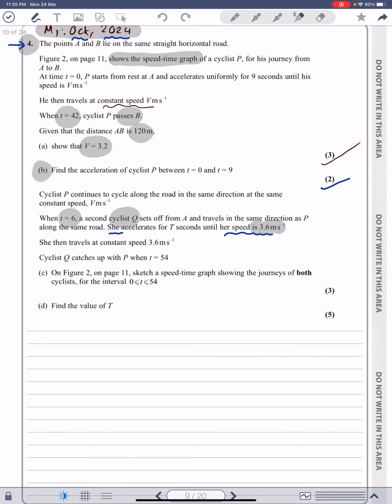She then travels at constant speed, the same speed. Cyclist Q catches up with P at T equals 54 seconds. On figure 2, on page 11, sketch a speed time graph showing the journey of both cyclists for the interval of time from 0 to 54.